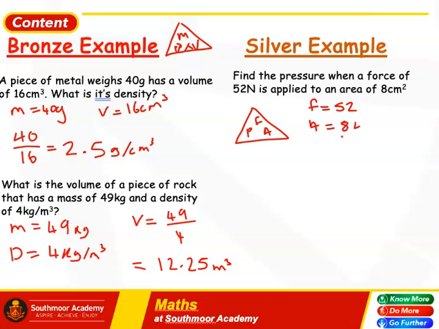We are trying to work out our pressure. So we're going to do 52 divided by 8, giving us 6.5 newtons per centimetre squared.